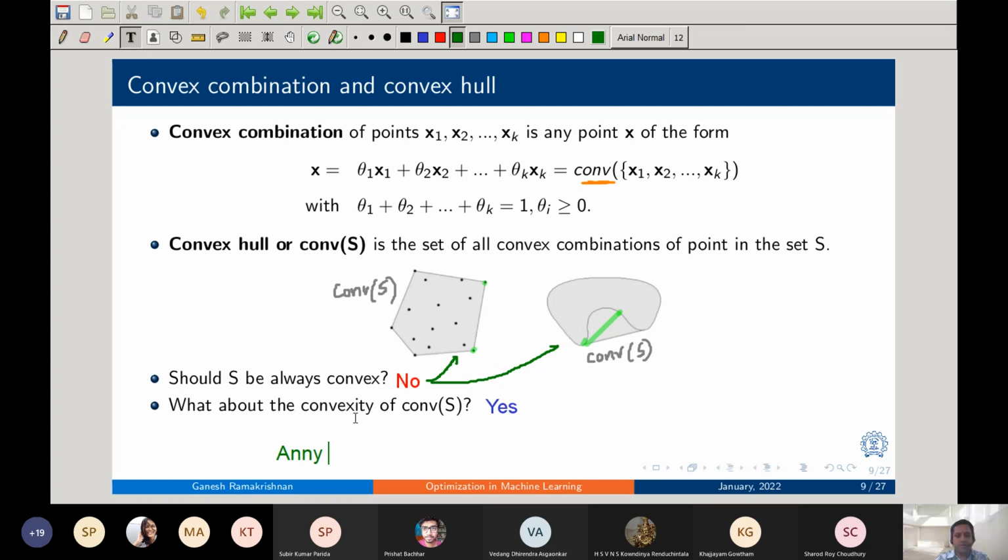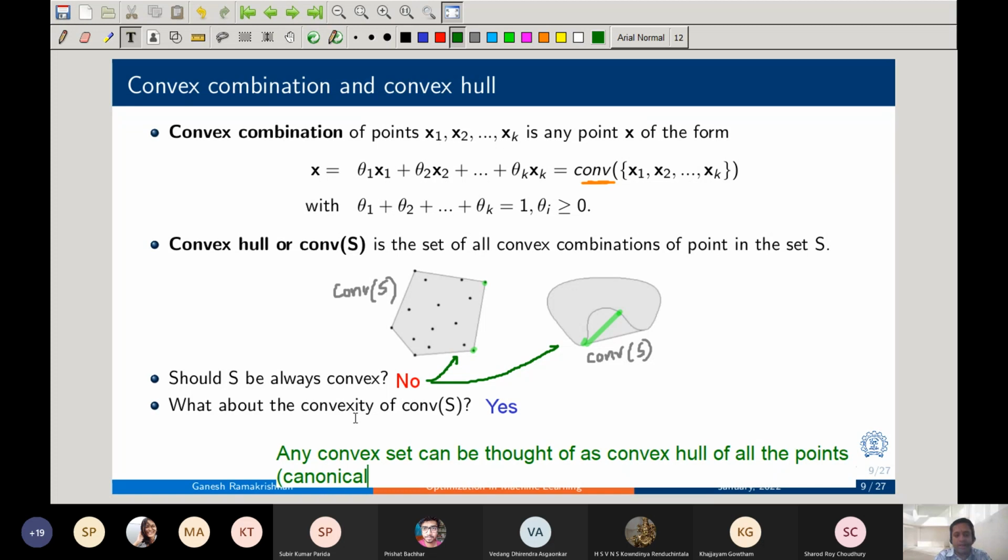So any convex set can be thought of as a convex hull of all the points, and now we're saying they are canonical, representative points lying on its boundary.